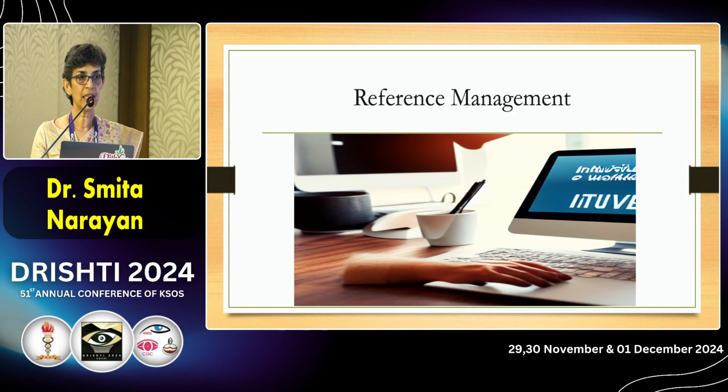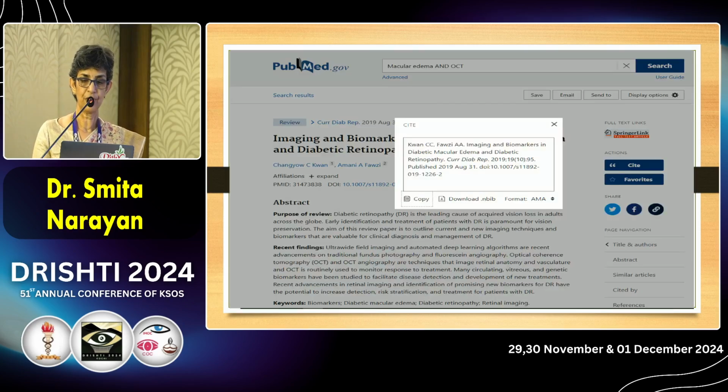Now I come to the second part of my topic, and that is reference management. In my early days, in order to include an article in my references, all I did was take that article in PubMed, click on the cite button on its right side, and a box with the citation details comes up.